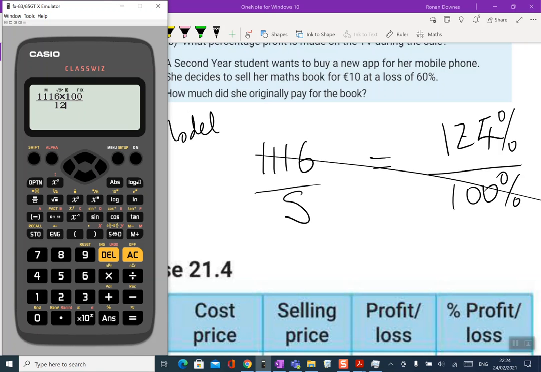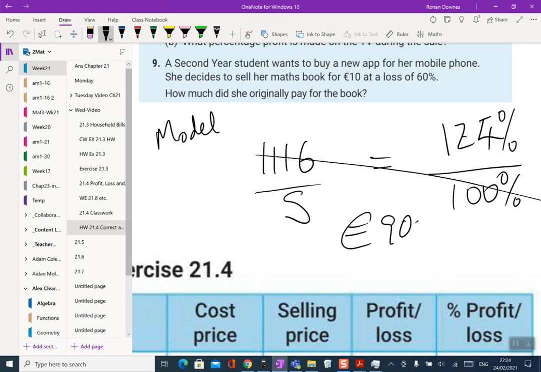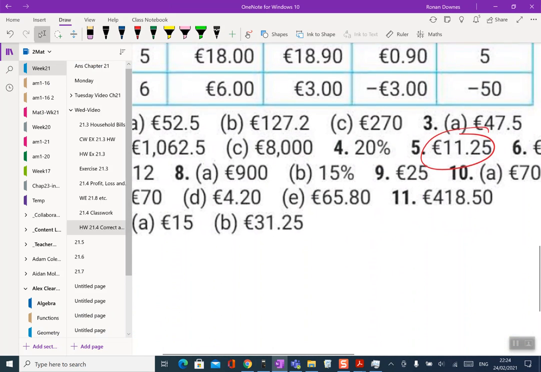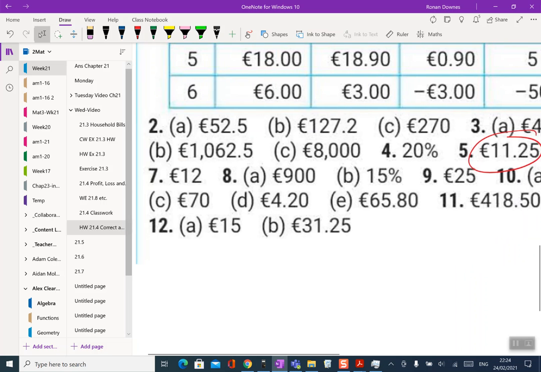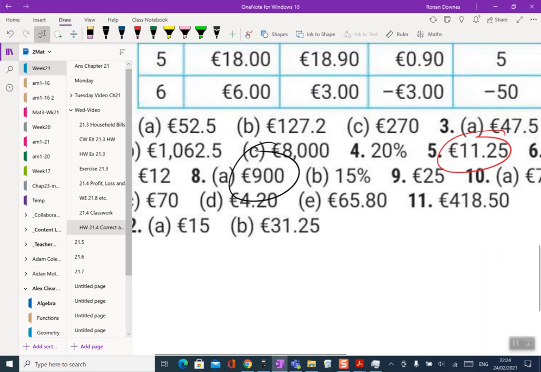You notice in our calculator we don't care about putting in big numbers, because the calculator makes light work of that. So €900 the answer. There it is there.